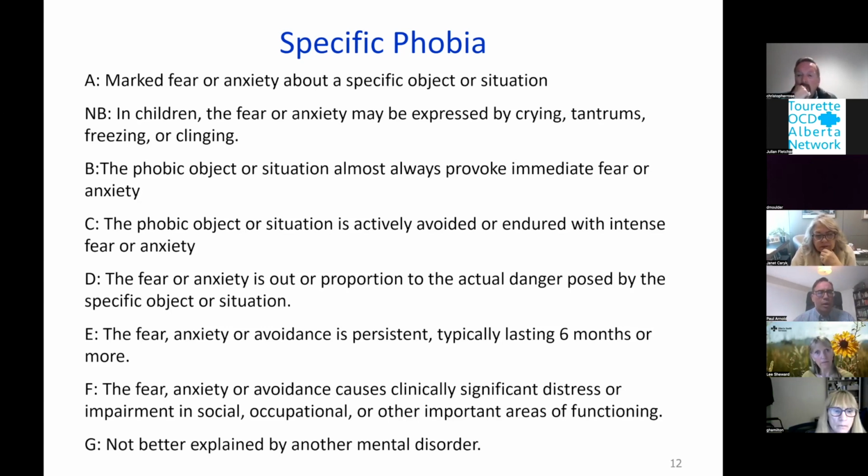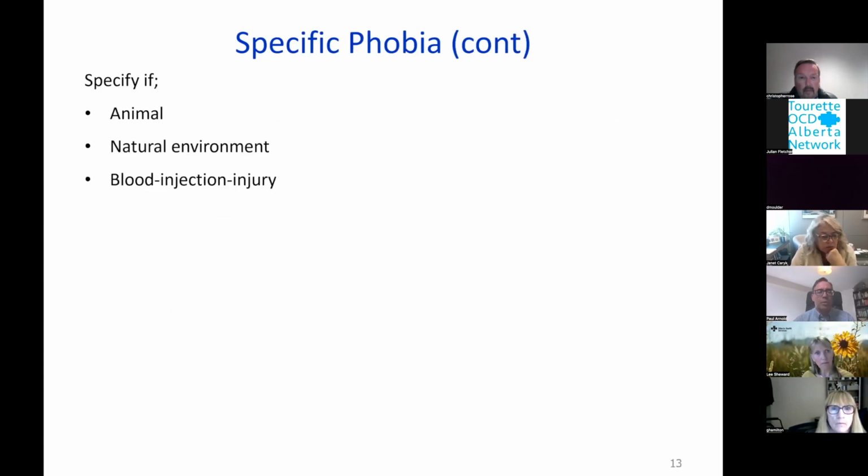But again, I mentioned I don't often see this as a primary complaint, but it's a pretty common comorbid issue for sure. Lots of kids with anxiety have phobias of various types, and they can be specified in certain categories. And again, these are probably evolutionarily important fears. There have been studies that have talked about this: there aren't too many kids who are afraid of flowers.